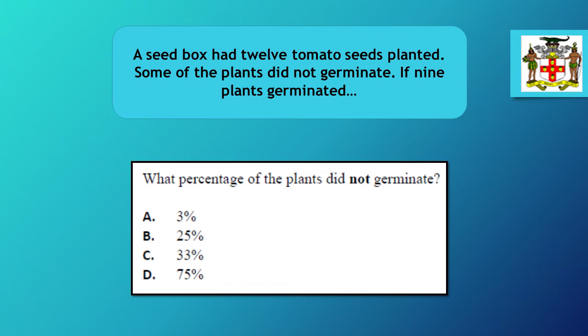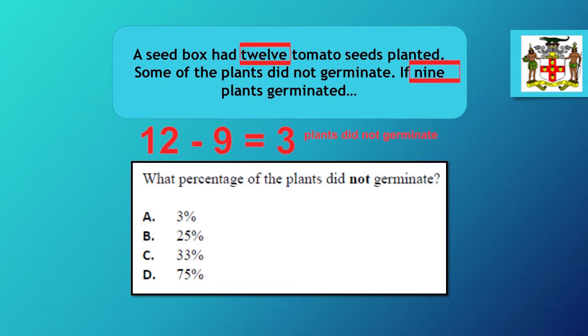We have different answers given. How would you approach this question? Now, obviously, if we had 12 seeds starting with and 9 germinated, we can do some subtraction, yes. And so we can identify that 3 of those plants did not germinate.